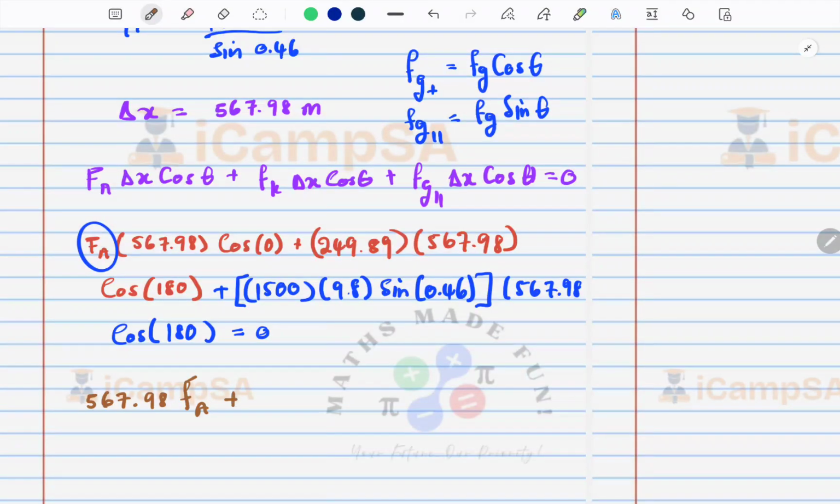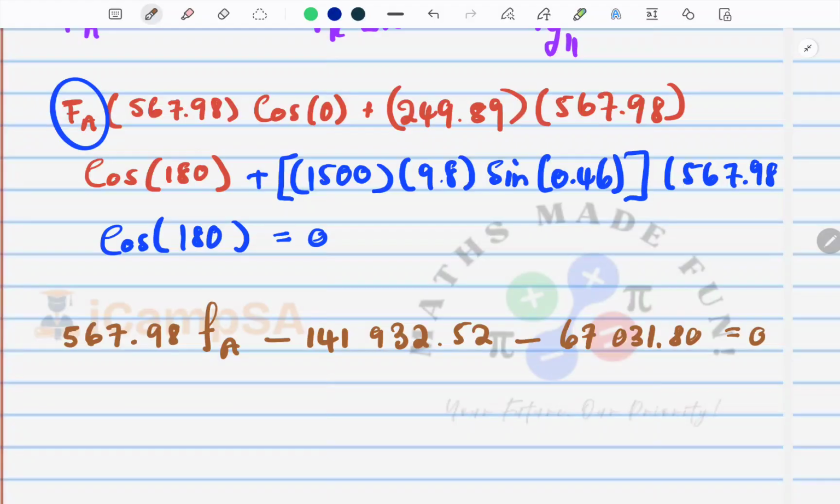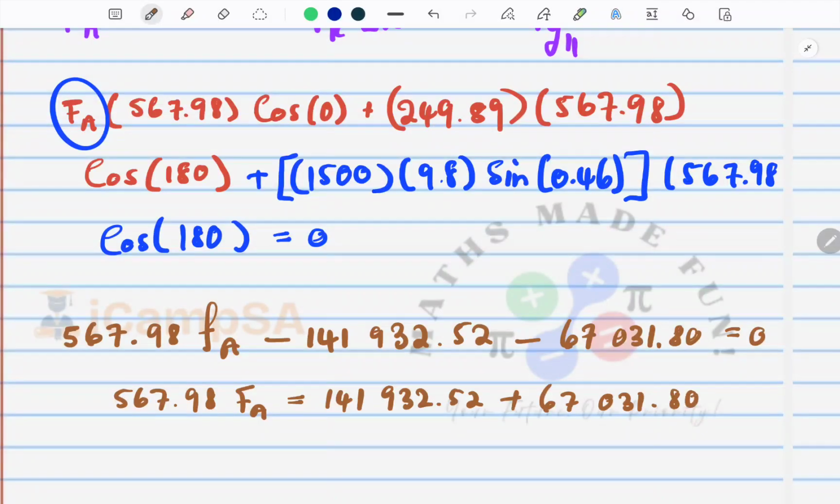Then from here onwards, we can punch our calculator and see what we get. Let me punch it. Okay, so this is what I've got for my question. So here we're going to say again, we have this 567.98 FA equals, we're just going to bring it this side, 932.52 plus 67,031 and then 80, like so.